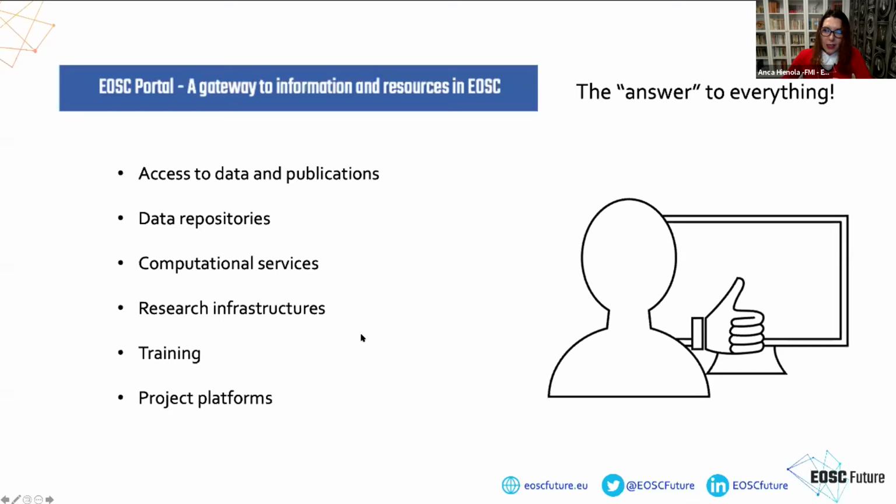But now only imagine for a second a portal where you will be provided with everything you need in your scientific life, with just a few clicks of a button.